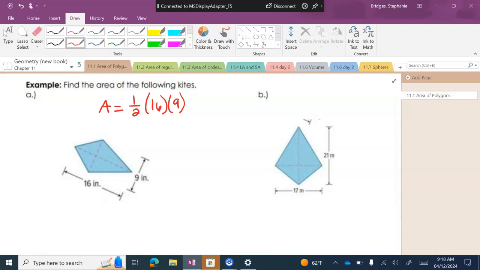Right. All right, 1/2 times 16 times 9. How much? 72. 72, yep. So it's going to be 72 inches squared.